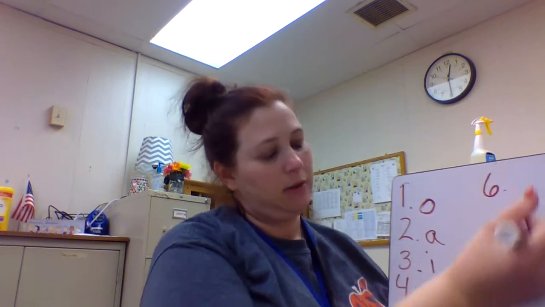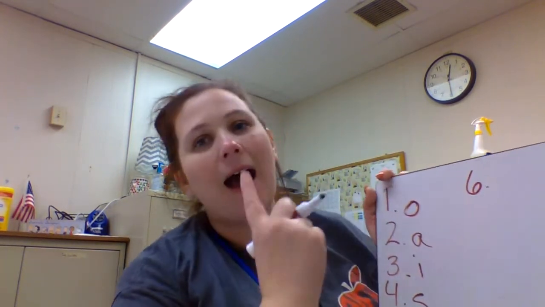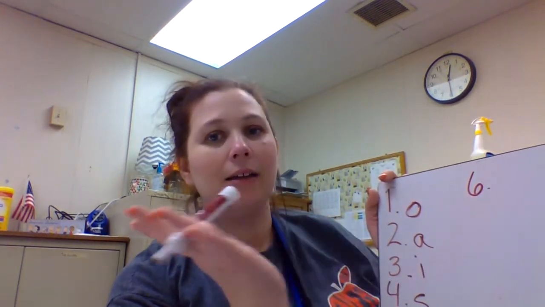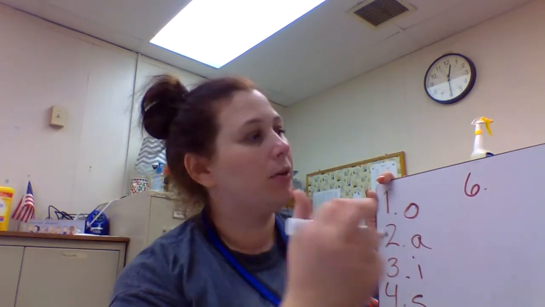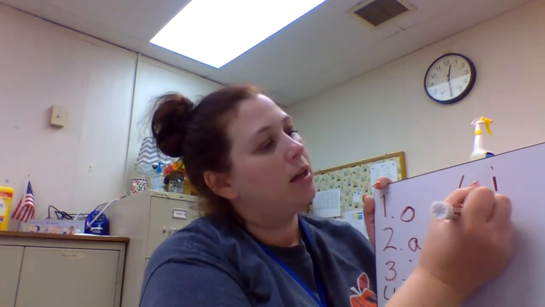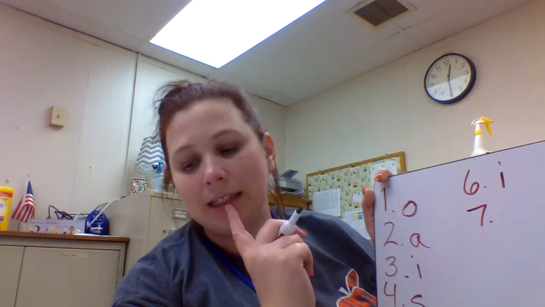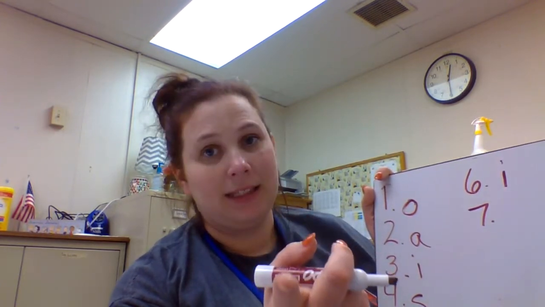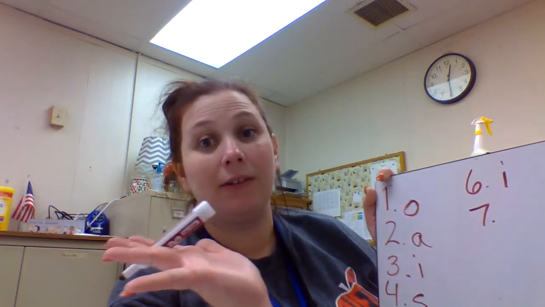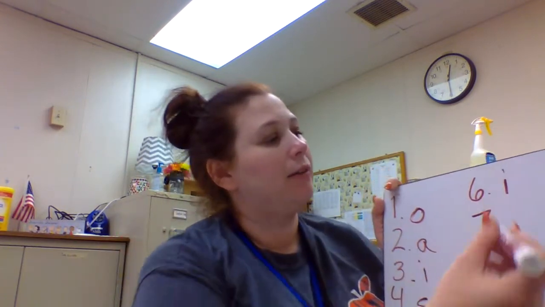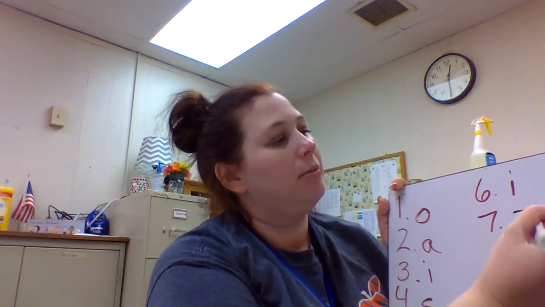Number 6 is I. It's the letter I, and then we're going to write it down. Number 7, Z. This is Z, comma, S can make that sound.